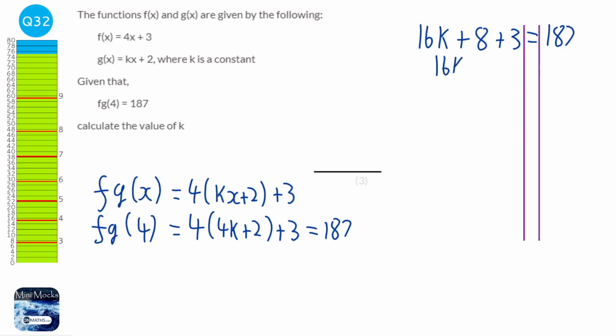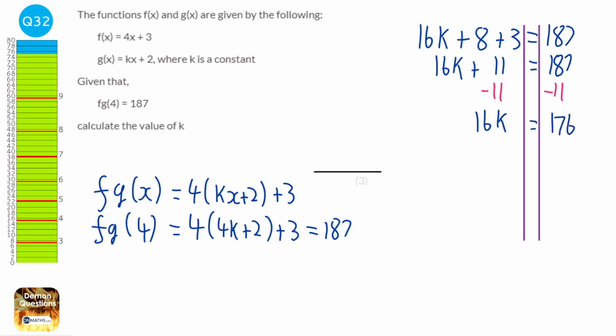So 16k plus 11 equals 187. So we're going to take away that 11 from both sides. So we've got 16k equals 176. And then we can divide by 16 both sides. So we've got k equals 11.